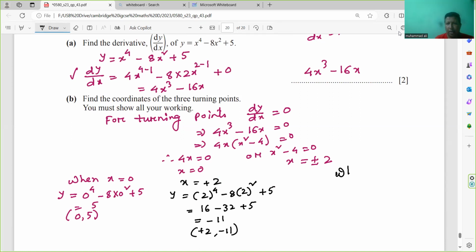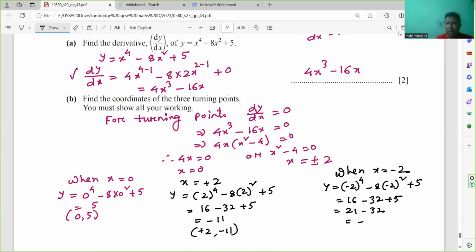And when x equals minus 2, y equals minus 2 to the power 4 minus 8 into minus 2 squared plus 5. So we'll get here 16 minus 32 plus 5. So it's also minus 11.